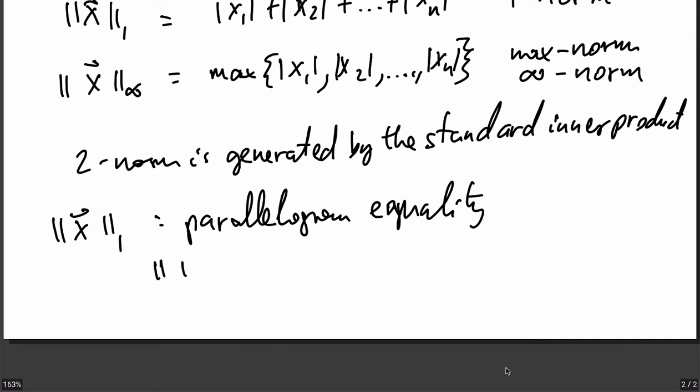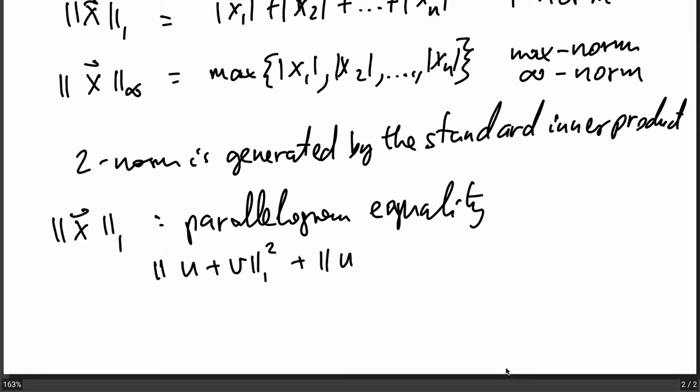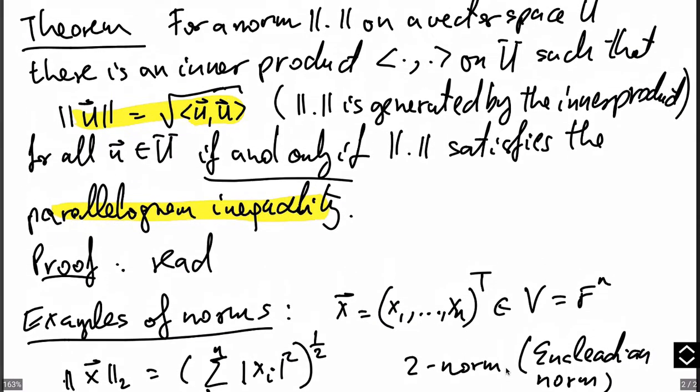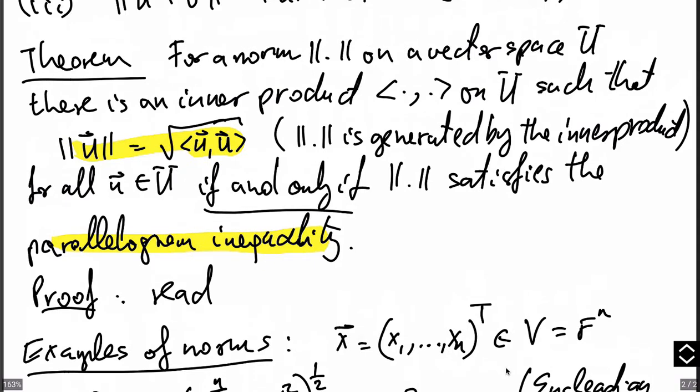So we have to check that the 1 norm of u plus v, squared, plus the 1 norm of u minus v, squared, is a parallelogram identity actually. The book uses, I think, equality, and then I mistyped it as inequality. It should be really the parallelogram identity.